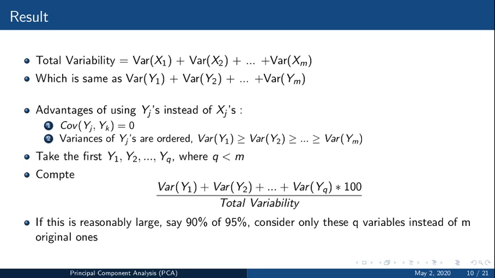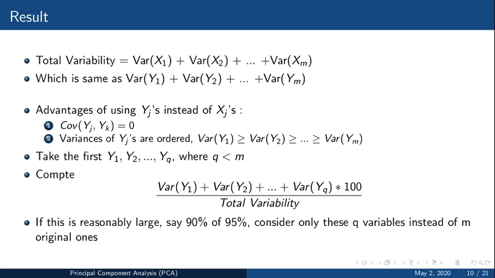So the result is the total variability, that is variance of x1 plus variance of x2 plus etc., variance of xm, which should be the same as variance of y1 plus variance of y2 plus etc., variance of ym. Then what is the advantage of using yj's instead of xj?